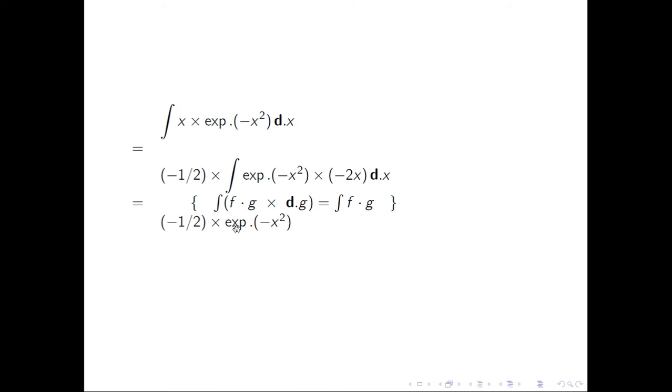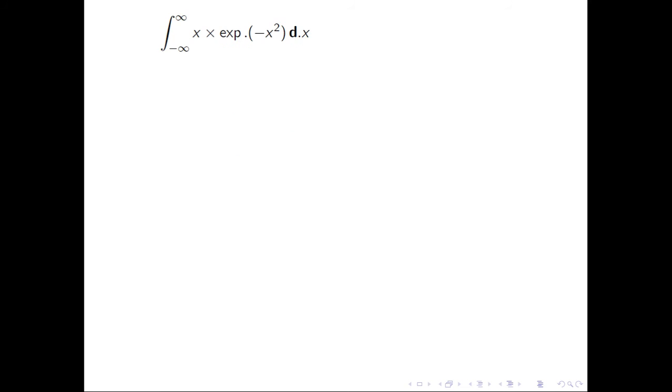So you get e to the negative x squared. So this integral simplifies very nicely to this, and of course we still have the minus a half times e to the negative x squared. Good stuff.